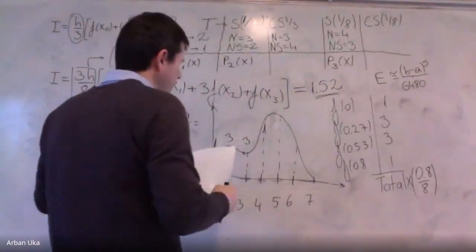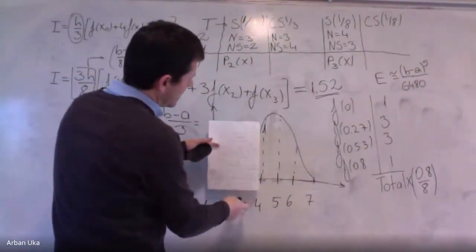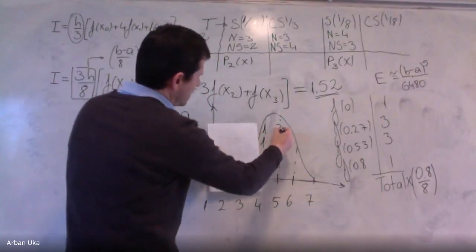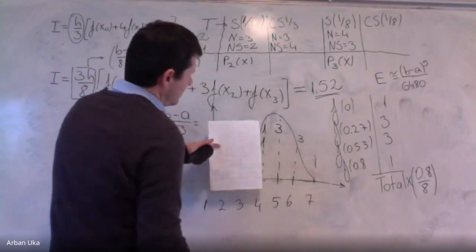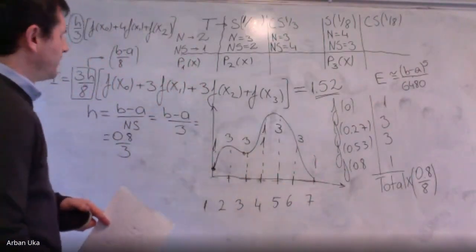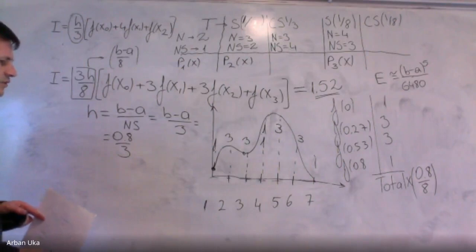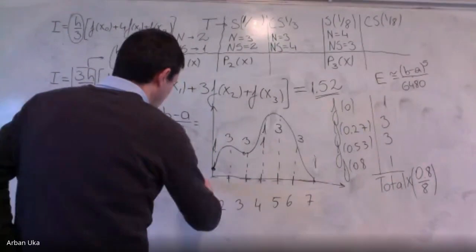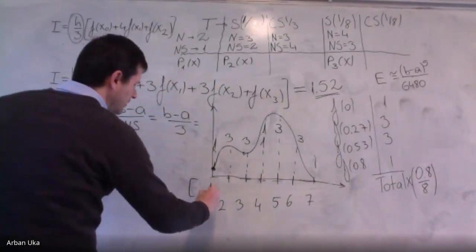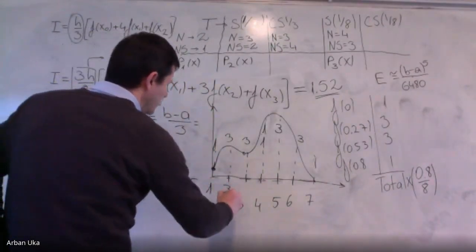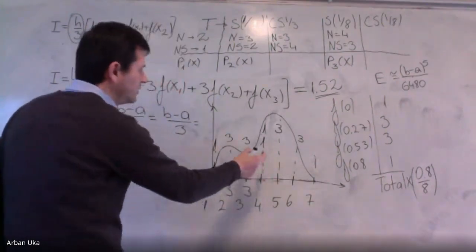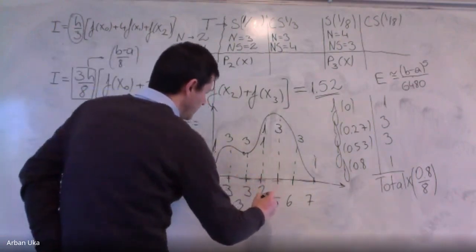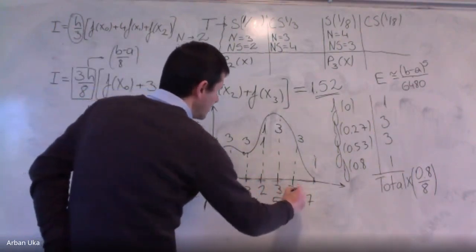Then this was half of the integral. Similarly, we move to the other half. We have again 3 segments. Here we put 1 again. This is 3, 3, 1. So for the composite rule, the coefficients that we will have to consider will be the following. Actually, let me write them here. The coefficients are going to be, the value initially will be 1, 3, 3, where 2 different regions meet. This is going to be 2, 3, 3, 1.